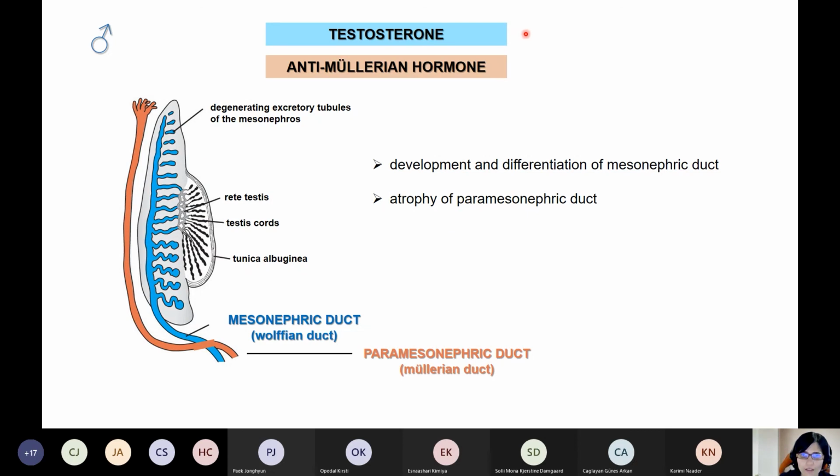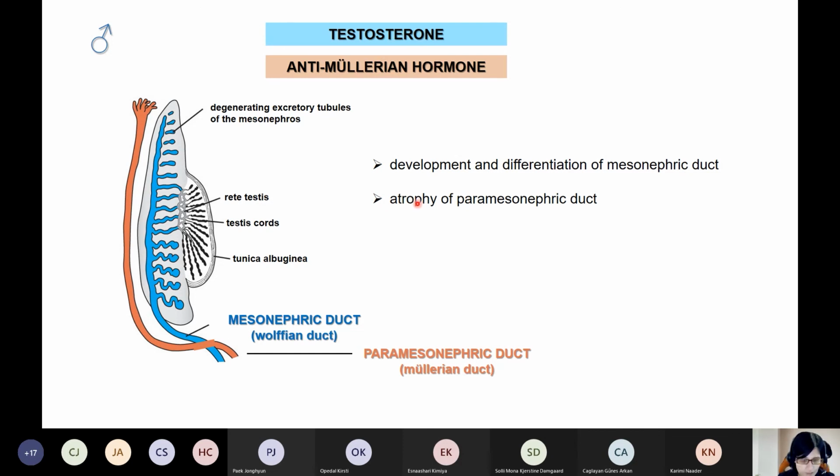These events are controlled by hormones. Testosterone from the Leydig cells acts on the development and differentiation of the mesonephric duct, and anti-Mullerian hormone from the Sertoli cells is responsible for the atrophy of the paramesonephric duct.